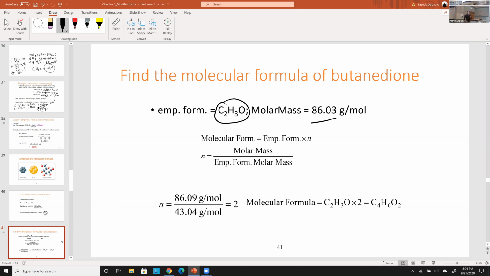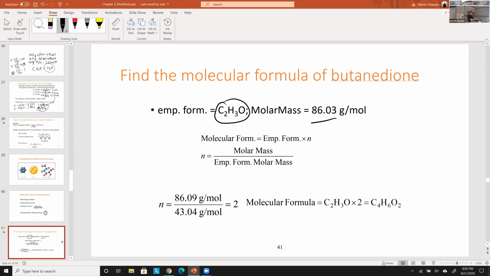So now the way to do this is figure out the molar mass of the empirical formula. That molar mass is 1 unit of the total molar mass of the molecular formula. So you want to see how many times that empirical formula fits into the molecular formula by mass.